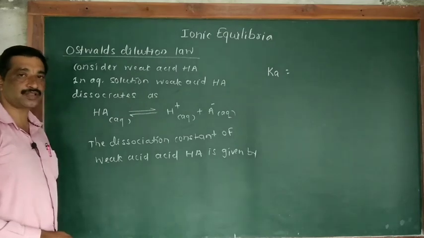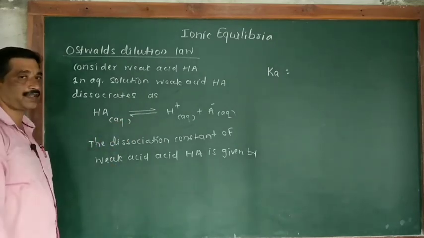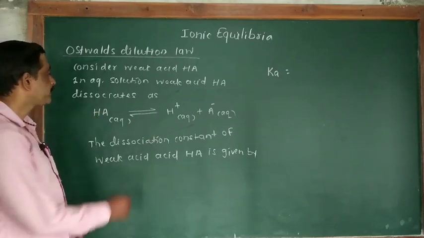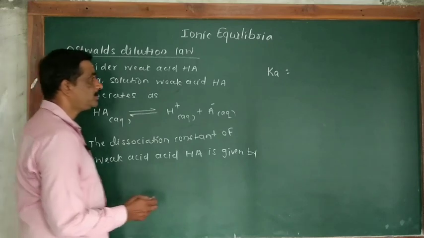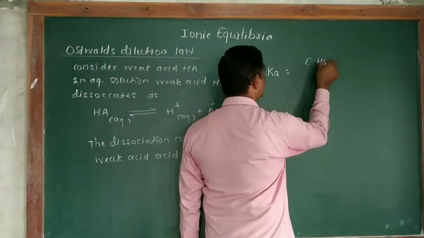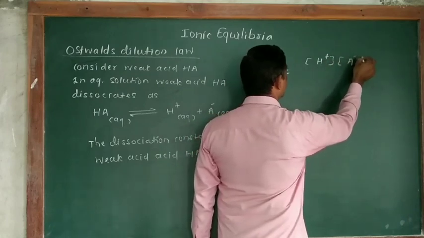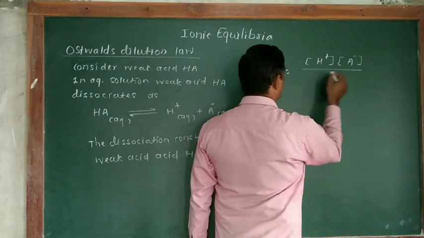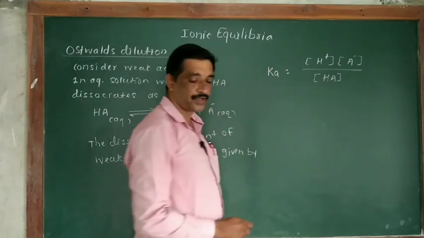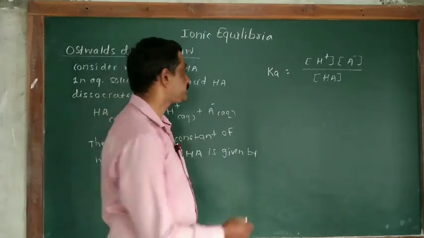This dissociation constant Ka is given by applying the law of mass action to this reaction. Then we get the dissociation constant Ka is equal to concentration of H plus ions into concentration of A minus ions upon concentration of weak acid.